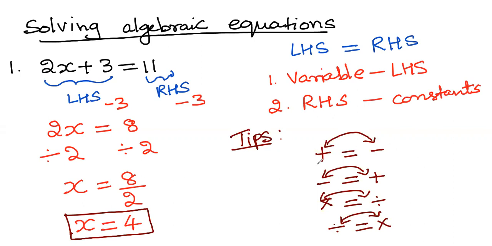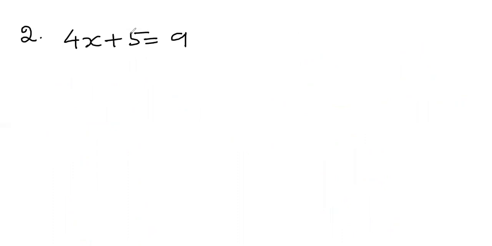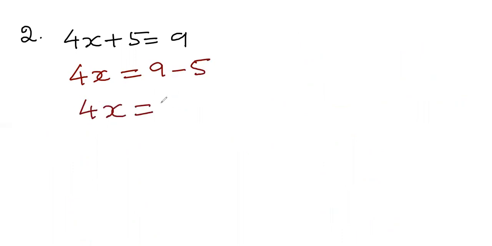When it is addition, it becomes subtraction on the other side. So we have plus 5, and when it goes to the other side, you have minus 5. So we have 4x equal to 9 minus 5, which is 4.